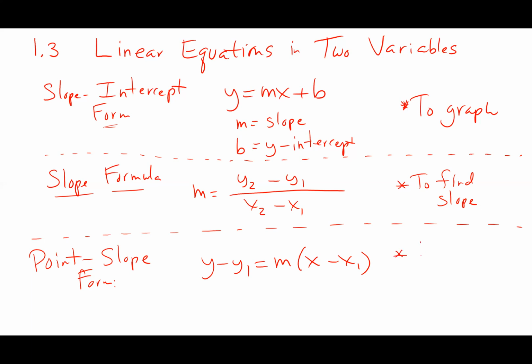Okay, then what do we do it for? To get equations from graphs or descriptions. So we're going to describe it. So it says, hey, this graph has a slope of 2 and it goes to the point 1, 3. And then we sort of go through that way.